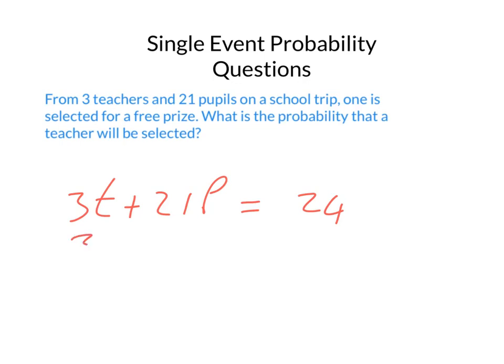So we have a 3 out of 24 chance of selecting a teacher. And if we divide the top and the bottom by 3, 3 into 3 goes once, 3 into 24 goes 8 times, gives us a 1 in 8 chance that the winner will be a teacher.